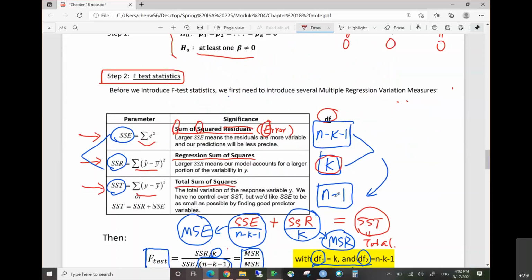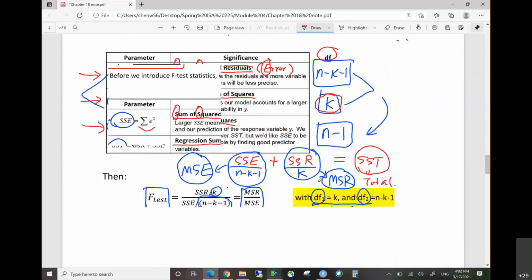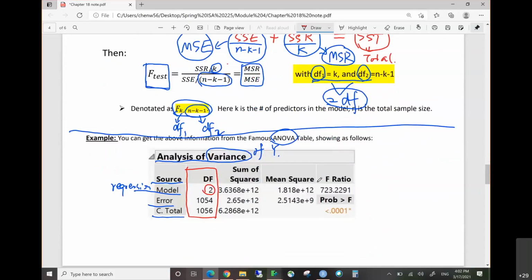In our example, we include the living area and the number of bedrooms, so we have two explanatory variables. That means our k equals 2, which is the degree of freedom for our regression. And next, what is the degree of freedom for the error?